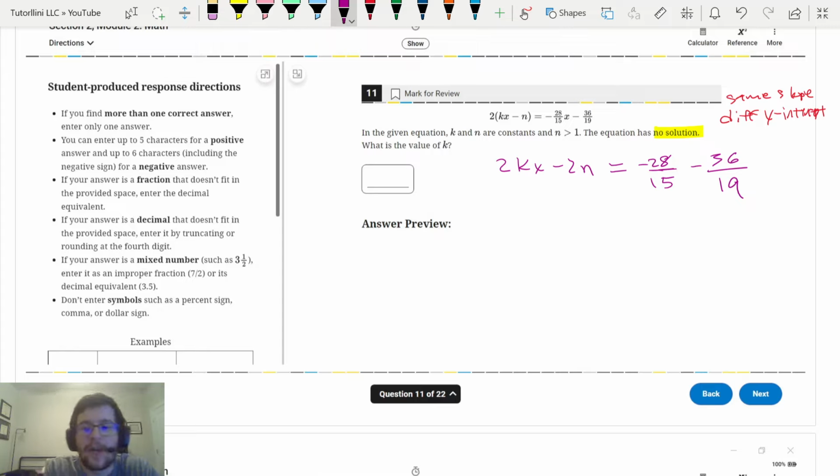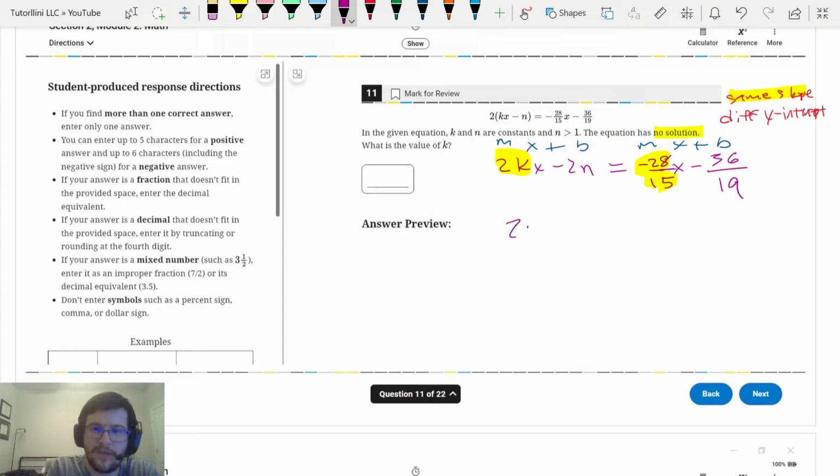Okay, so different y-intercept, that doesn't really help us figure out what k is, but same slope, that does. So the slope on the left side is the coefficient of x, so 2k x, oops, I forgot the x. And then what's in front of the x over here? Negative 28 over 15. So you see how now this kind of looks like mx plus b, mx plus b.